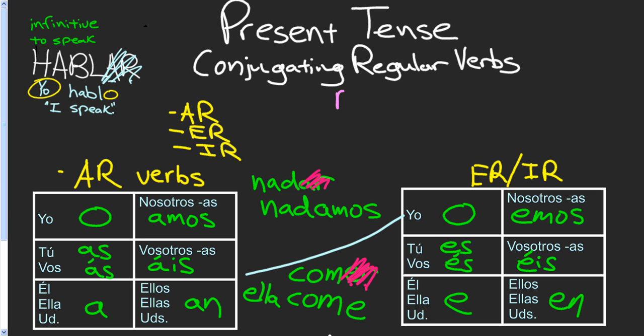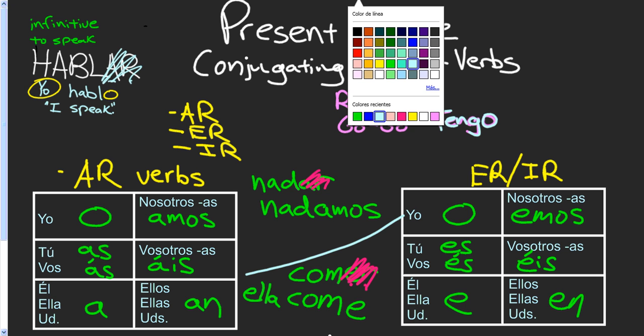Now, something important to note here is that we're only talking about the regular verbs right now. And there are different kinds of verbs that use different rules for conjugation. The regular verbs are very easy because we just follow through with our steps and we just end the verb with our endings that we see in our tables. But there are also go-go verbs, such as tener, which for the yo form uses the conjugation tengo. Instead of simply having an o in the end, we have this extra g.